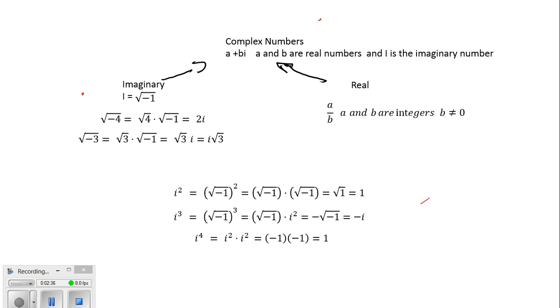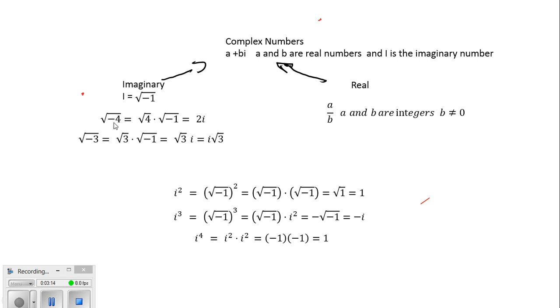But that's not the end of it, because on the one branch from the previous slide, we had the real numbers, expressed as a over b, a and b integers, b not equaling 0, and that was it. But now we have another branch known as the imaginary. i is the square root of -1, and anything that involves a square root of a negative is effectively going to be expressed with i, as we can see here.